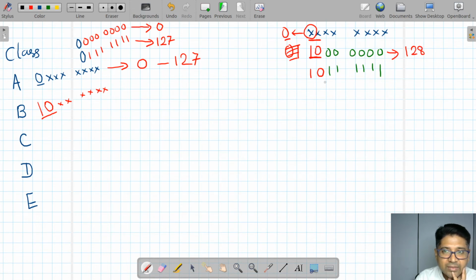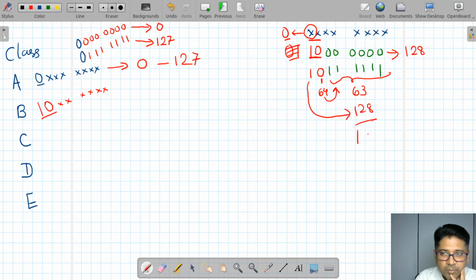Yes, sir. And this will be the one's complement. What is the value of this? 64. One's complement of this, so this value is 63. 63 plus 128 is 191.